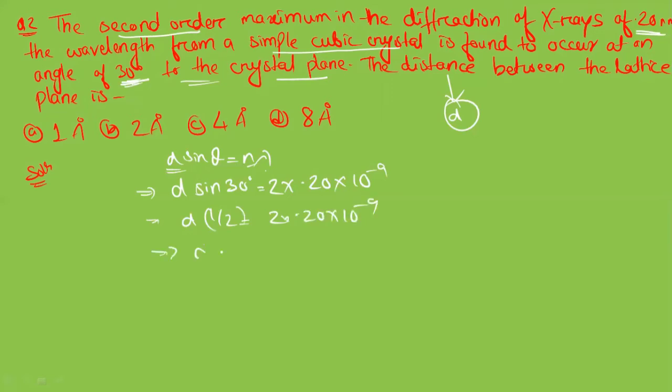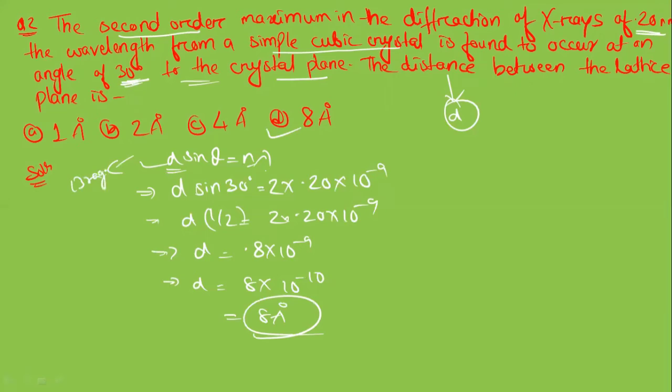Clearly you can write d is equal to, this 2 will come to the right hand side, 2 4s are 8, with the decimal, 10 to the power minus 9. So d is equal to 8 into 10 to the power minus 10. Because the answer is in Angstrom, we will write it as 8 Angstrom. Clear? So this is the distance. What you have done is directly used Bragg's law. So questions are very direct.